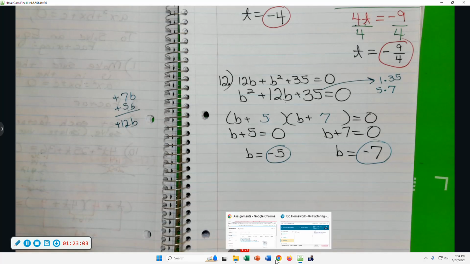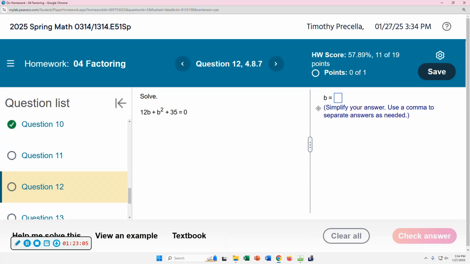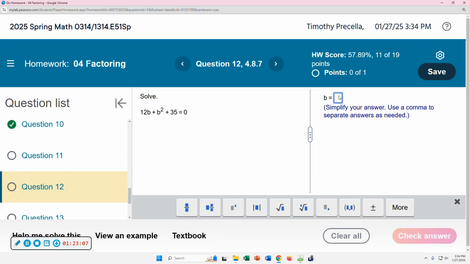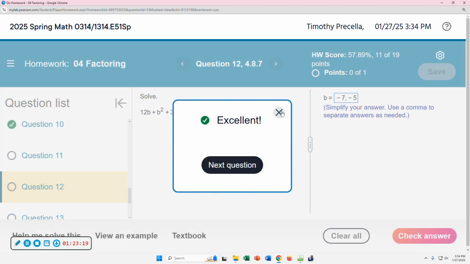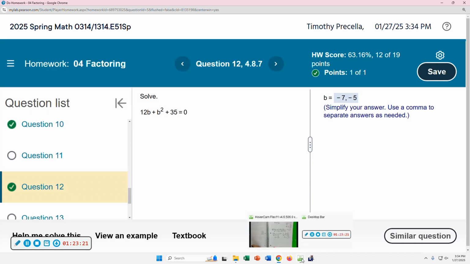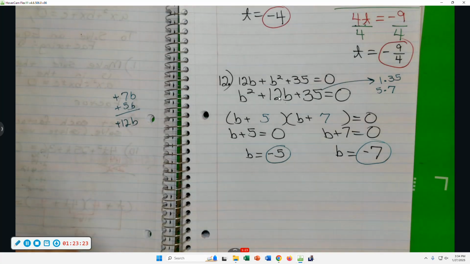Type with -5, comma, -7, or -7, comma, -5. It doesn't matter. Right, but I don't type 2 sets of parentheses. Any questions on this?